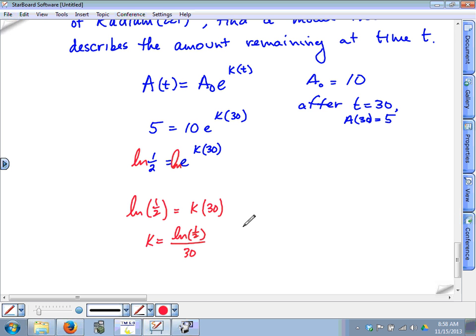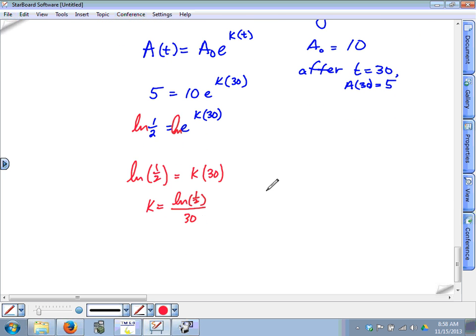But didn't I just say that k had to be negative? Exactly. There aren't any negative signs, but Valerie, on your calculator, what's the natural log of 0.5? Negative 0.69. Yep. So the natural log of a fraction is already negative. So the negative sign is hidden right in here. So this value of k is negative.